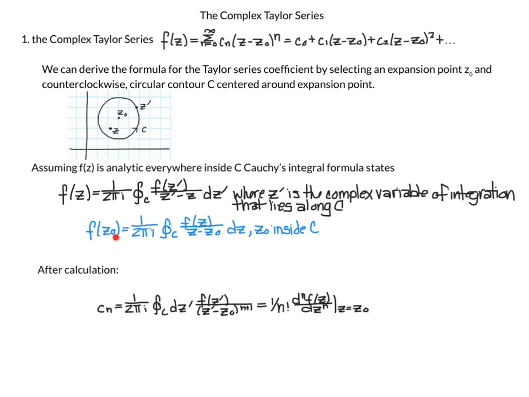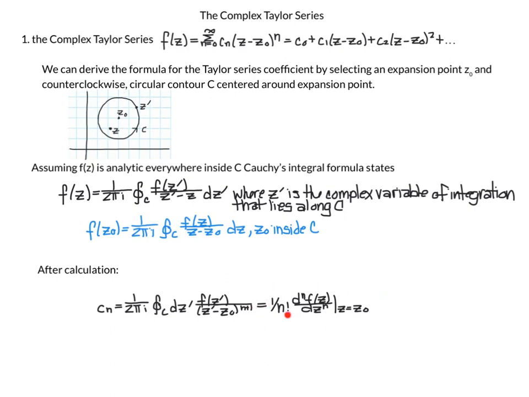So that was very belabored, but after some calculation with this form, and this is where I'm just going to avoid doing all the derivation, we do get that Cn is equal to, and Cn again is our coefficient, 1 over 2 pi i integral over C dz prime f of z prime, and remember z prime is the variable of integration, over z prime minus z naught to the n plus 1.